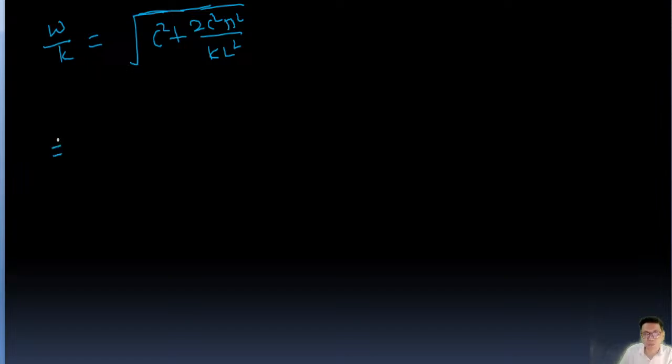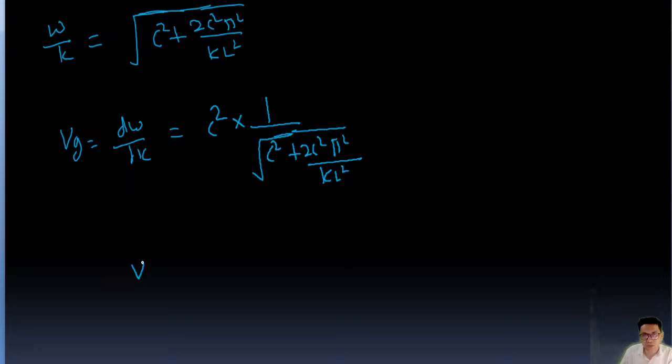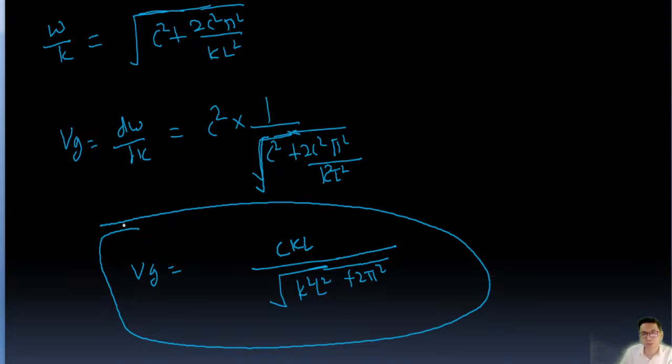Now we'll find vg, that is d omega upon dk. We take c common, and the c's get cancelled. So this is going to be c k L upon root of k square L square plus 2 pi square.